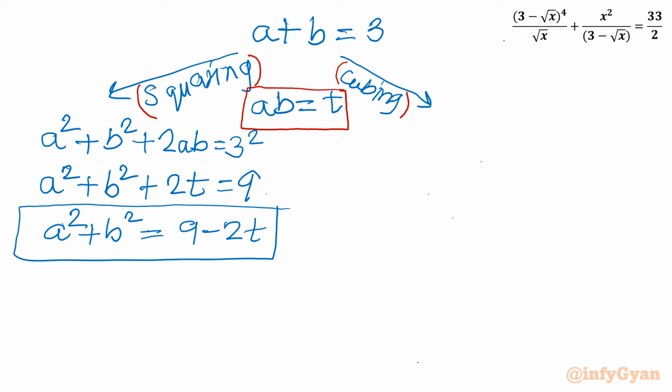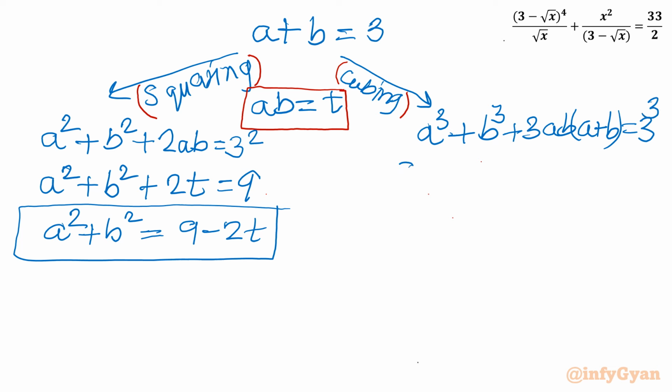Now let us consider the sum of cubes also. So I will write a cube plus b cube plus 3ab times (a plus b), and right hand side will be 3 cube. Now from here, a cube plus b cube plus 3ab, where ab is t.